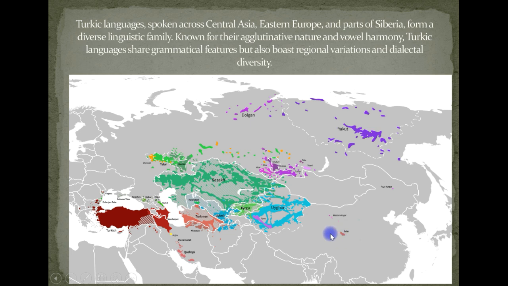I will make another video about the Salar people and about their history. I met them in China, I talked to them, so that would be an interesting video. So here we have the map of the Turkic languages.